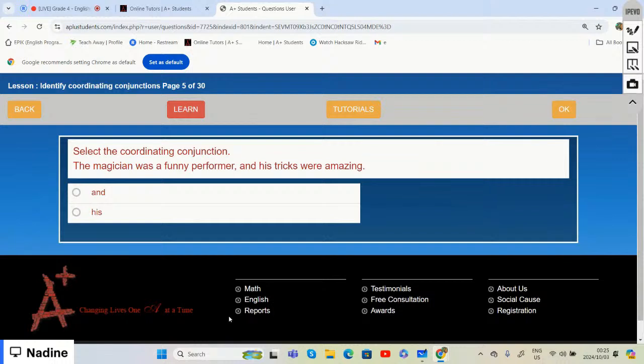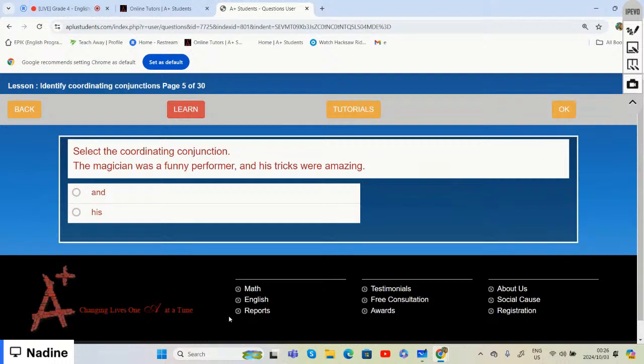It says, the magician was a funny performer. So we say, the magician was a funny performer and his tricks were amazing. We need to choose either and or his.